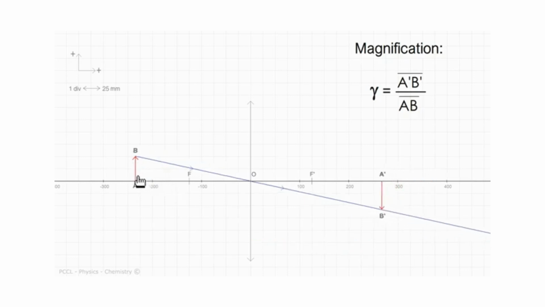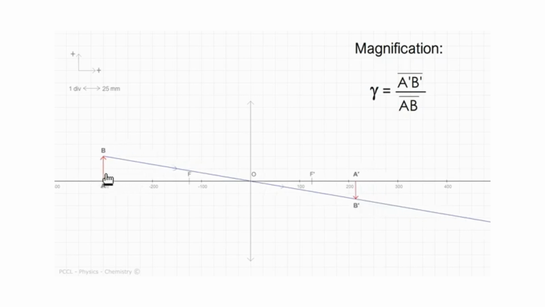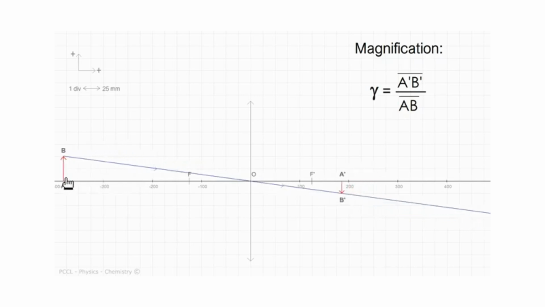I can show you a smaller image, because the image is not always bigger, it depends. And here, for example, the image is twice as small. So, I write that gamma, in this situation, is worth -1/2. The magnification is therefore not characteristic of the lens, since for the same lens, we obtain 3 different magnifications.